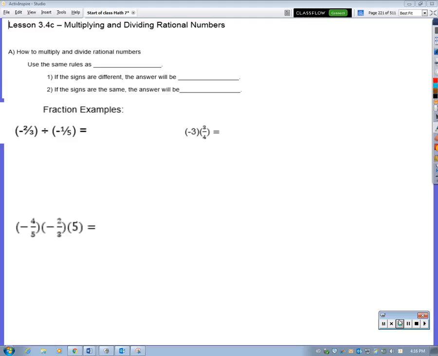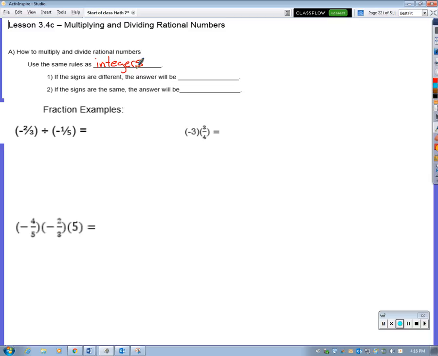Okay, so multiplying and dividing rational numbers. We're going to use the same rules as for integers. If you have that hot pink handout that says integer rules on it, it has all the rules with examples. It works great. There's an example for every situation. I highly recommend you start looking at those.